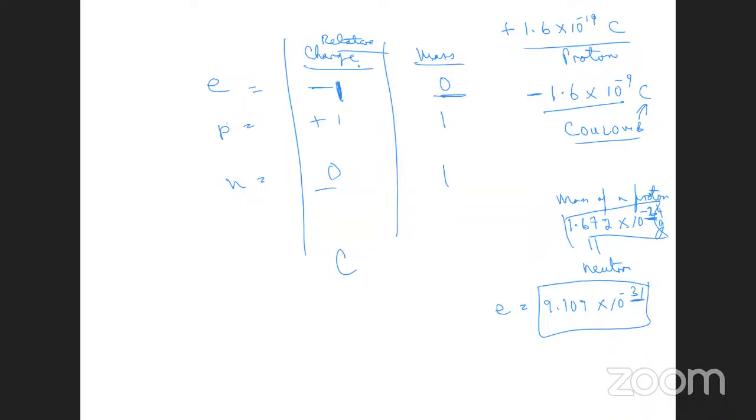Okay, let us go to the next step. Inside an atom, you have in the nucleus protons and neutrons. When you add these two together, the number of protons and number of neutrons, you call it the mass.